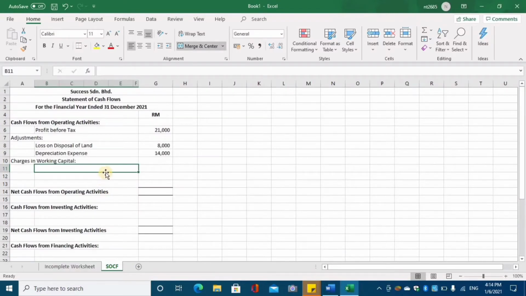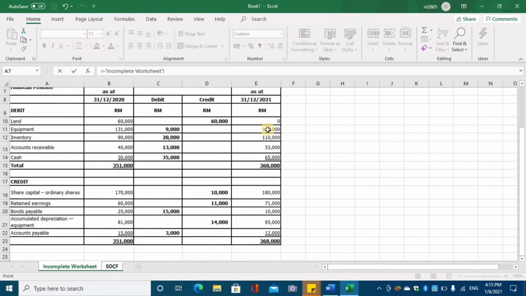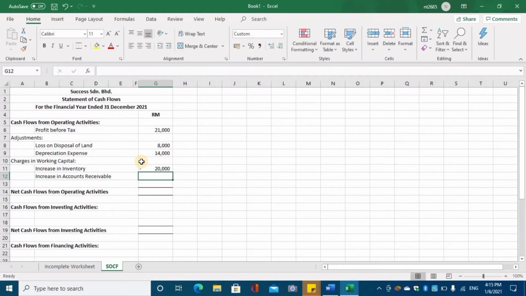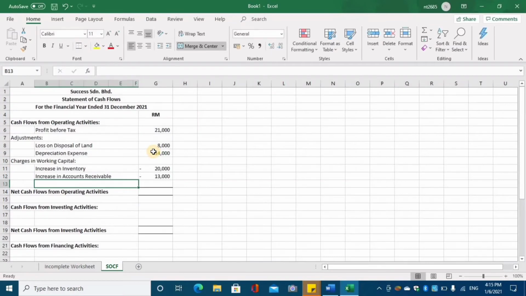So inventory is an increase in inventory. When it increases, we should minus 20,000. Next, increase in accounts receivable. We should also minus 13,000.